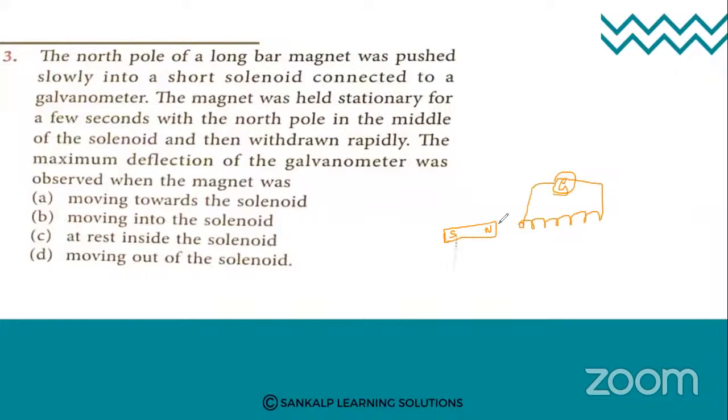The north pole of the long bar magnet was pushed slowly into the short solenoid connected to a galvanometer. So this is connected to a galvanometer.